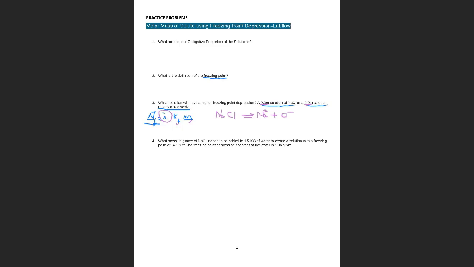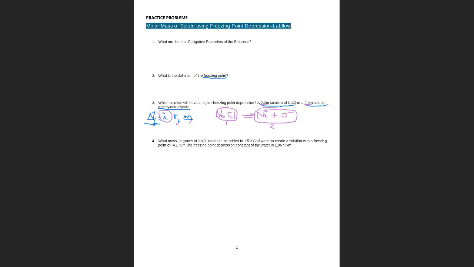That means this is one molecule, sodium chloride. So you put one here, but in water, it divides by 2. So in the water, how many particles do you have on the product side? 2.